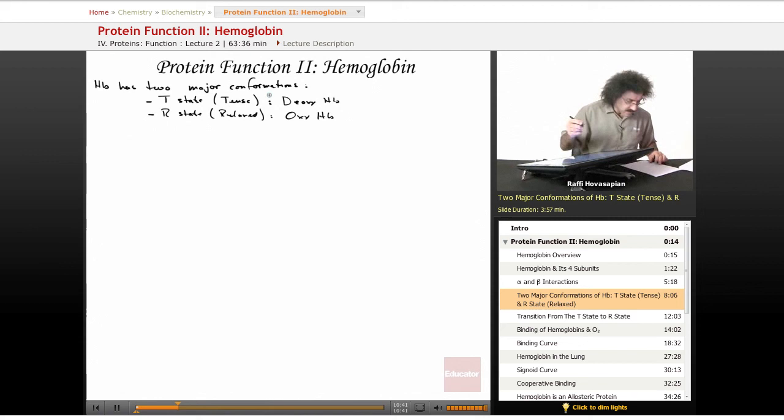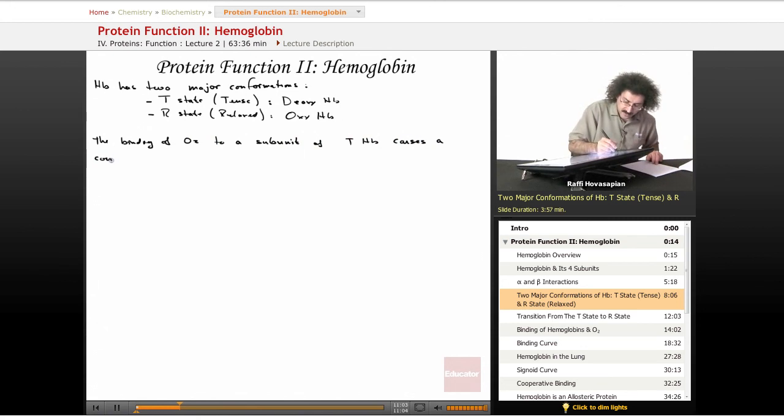Okay, now the binding of O2, as we just said, the binding of O2 to a subunit of T-state hemoglobin causes a conformational change toward the R state.